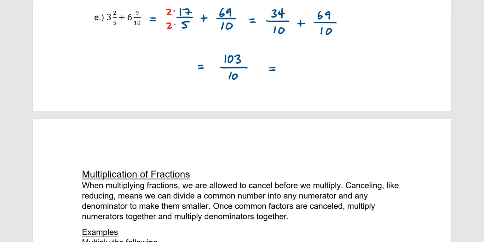So as a mixed number, we would have to go back and divide these. This would be 10 and 3/10 is our final answer here. Okay, because that's the 103 divided by 10, which is 10 and 3 over 10.